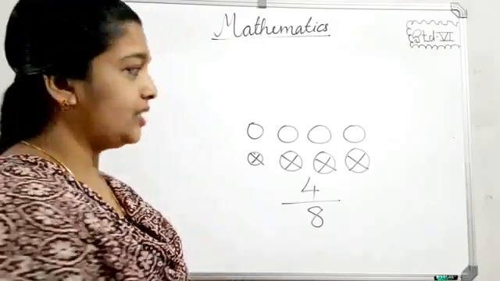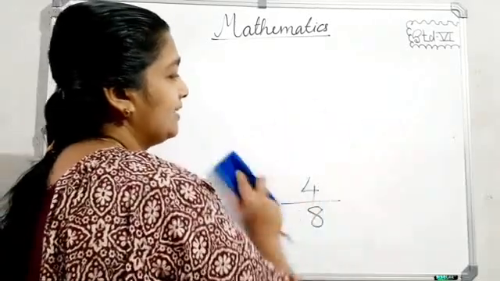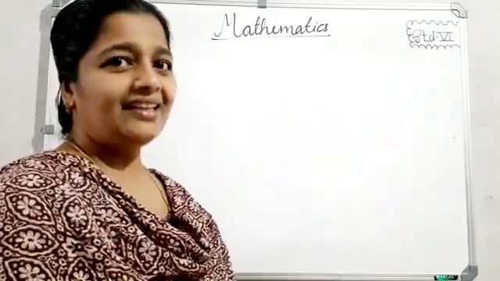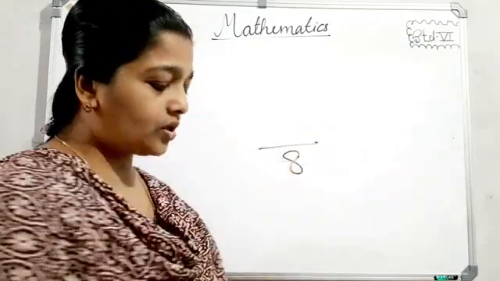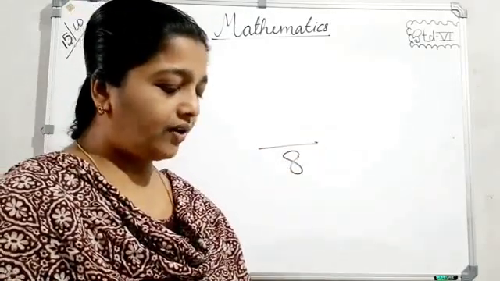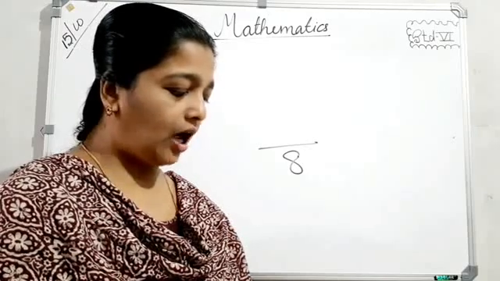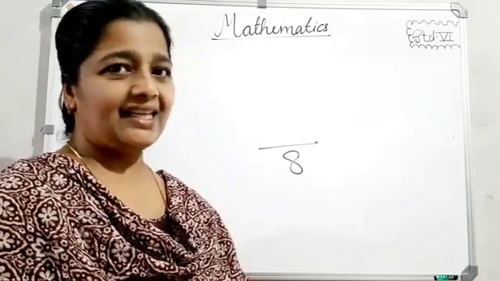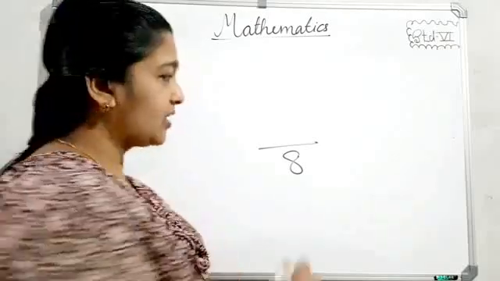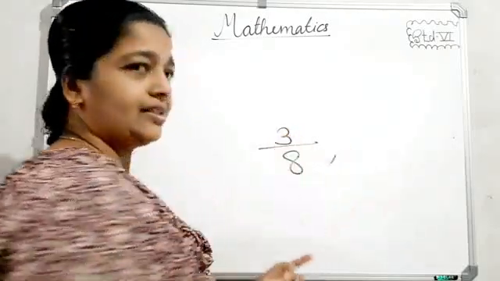Very simple question. So we can say the answer. The total number of CDs is 8. First question: what fraction of her CDs did she buy? She bought 3 CDs. So the fraction is 3 by 8. Clear?